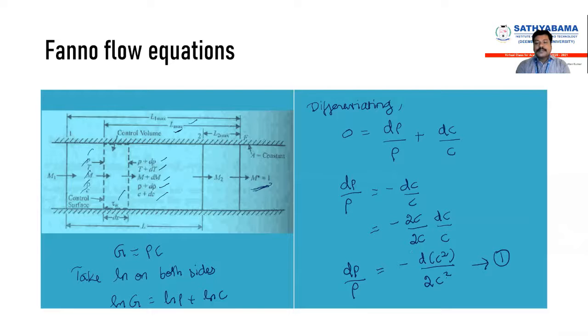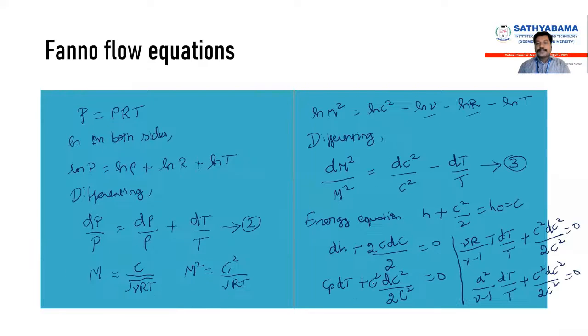You know the value of dC squared by C squared, that is equation number 5. You can substitute the value here, and you should be able to find the value of d rho by rho as a function of Mach number. And then you know the value of dT by T as a function of Mach number. So on substituting both d rho by rho and dT by T in equation number 2, you should be able to find the value of dp by p, right?